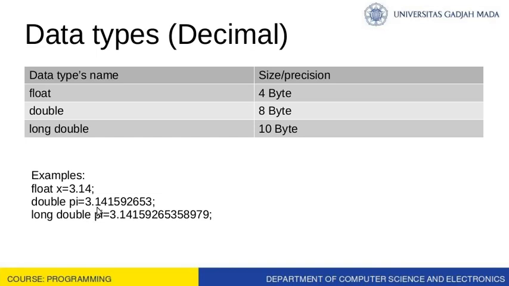However, if you need a high precision decimal number, then you can use double or maybe long double. Okay, so choose the data type based on the necessity of the bit precision.